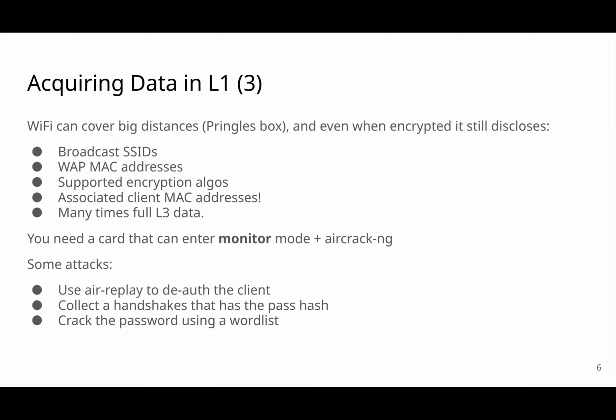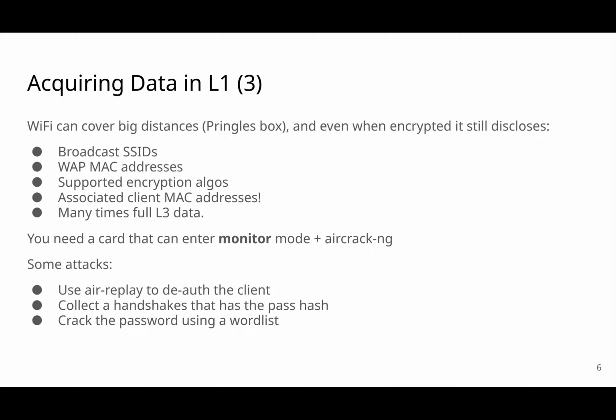How can you get that data? So you need a card that can enter monitor mode, and monitor mode is a mode where you can set the card, I want to just listen in and I won't transmit anything. Certain firmwares on cards have this turned off, but you can get cards that allow you to set them to enter monitor mode.